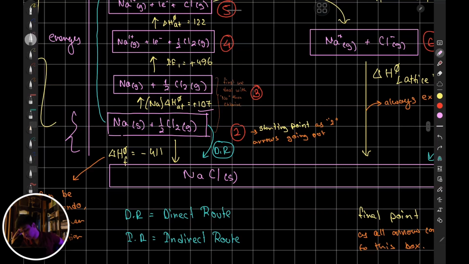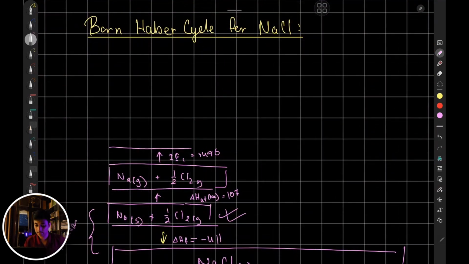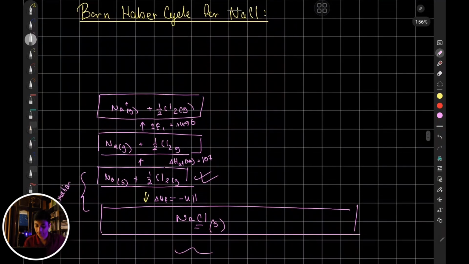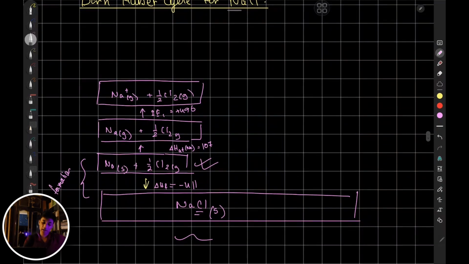So IE1 is plus 496, and this is going to be Na plus, still gas, because it's forming ionic gas, and it's going to have still the half mole of chlorine gas molecule. Great. So by now we have atomized sodium, then we have made it into an ion.